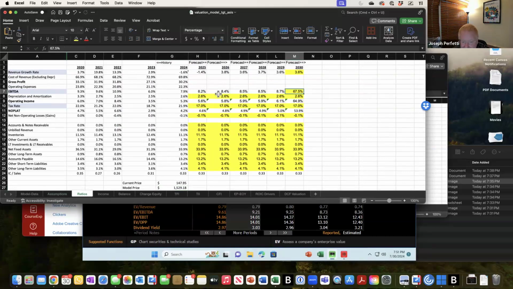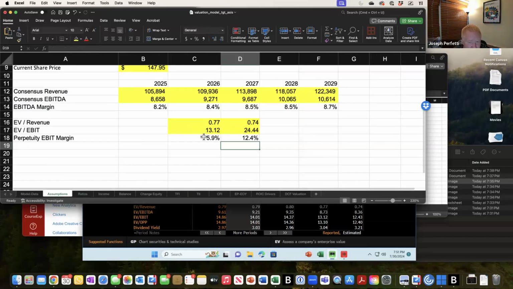Now you can see based on the EEO, it should be 8 point something percent. Okay, so the perpetuity EBITDA margin, oh, I forgot, 0.74 and that number 12.43.